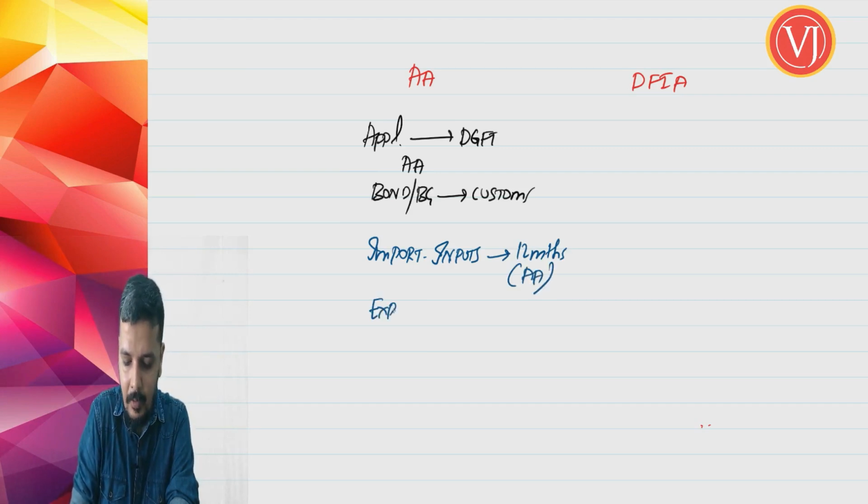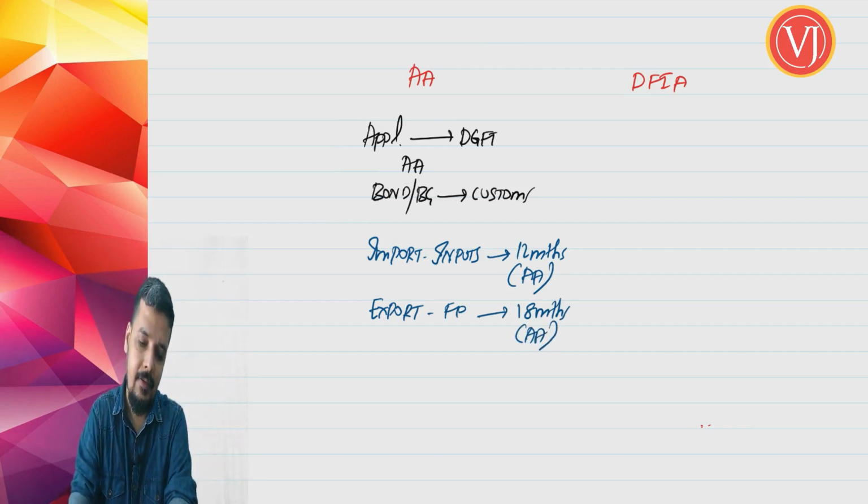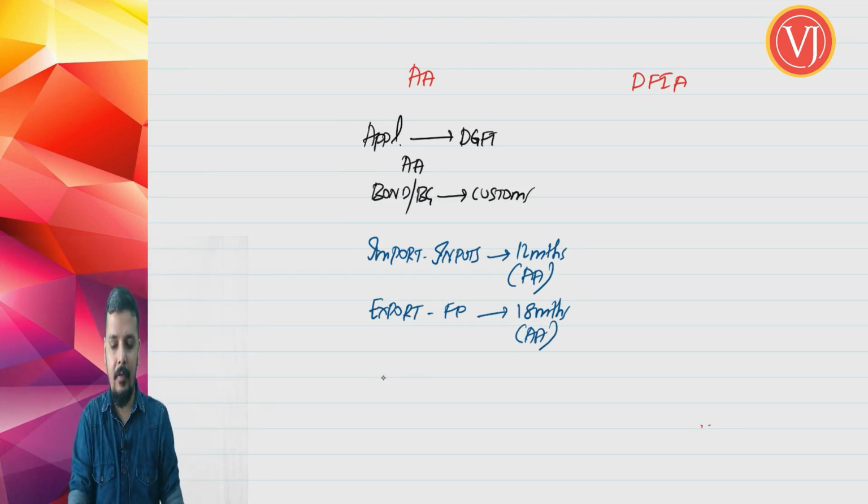And thereafter you have to fulfill your export obligation. Export obligation within 18 months, not from the date of import, but 18 months from the date of issuance of advance authorization. And finally you intimate to DGFT that you have fulfilled your export obligation, right.